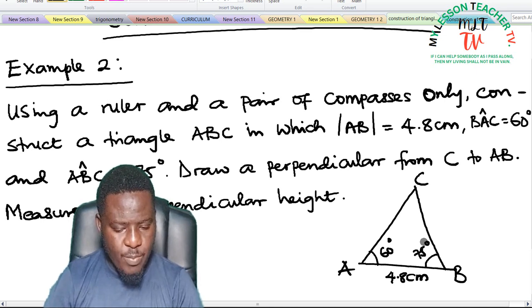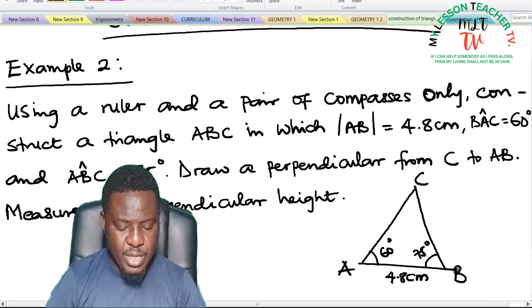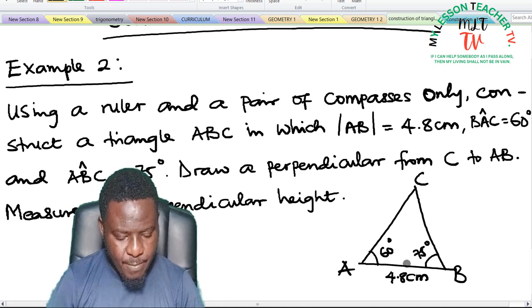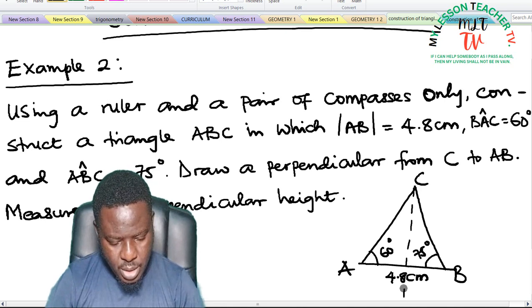We should also draw a perpendicular from C to AB. This is AB. If you are drawing a perpendicular, it means it's going to be a straight line from C to AB. So we are having a line this way, and this is supposed to be 90 degrees.